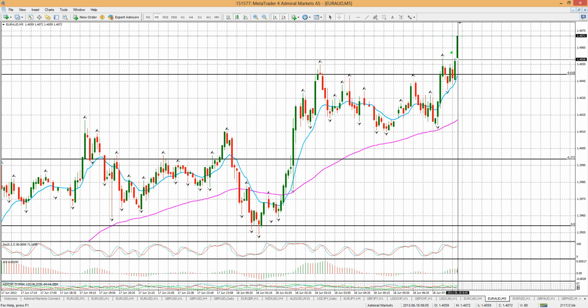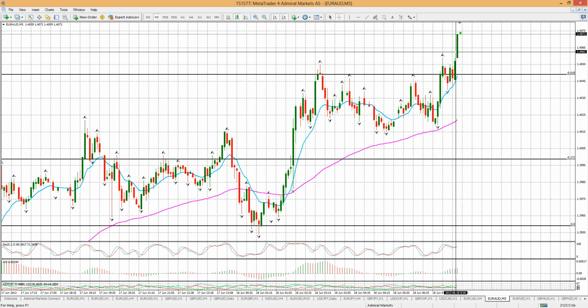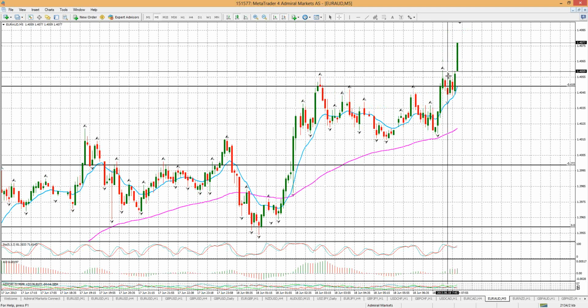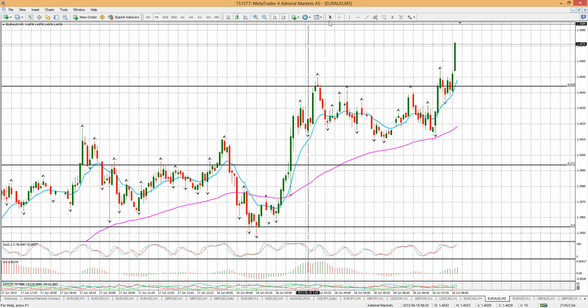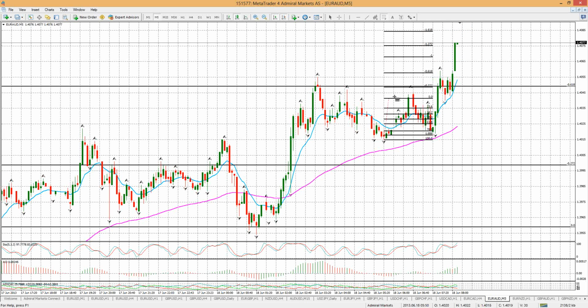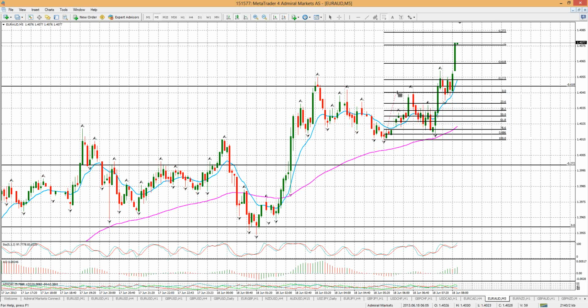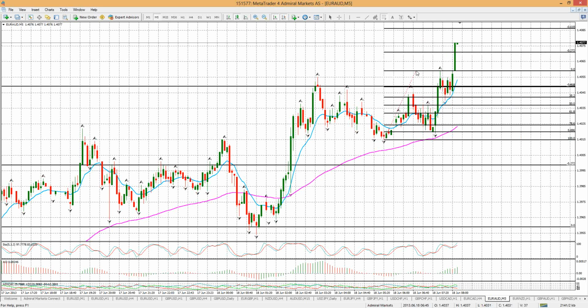I don't want to jump in now. I'm not jumping in this because there's bound to be some retracement at some point in time. Probably just wait for this to finish and wait for a hook back here. Let's maybe fib even this last move here. Let's see.